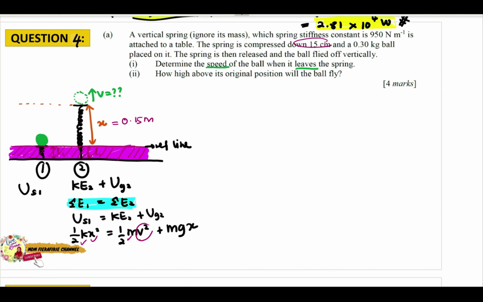V yang you nak cari lah, yang lain semua you dah ada. Okay, you masukkan semua nilai tu betul-betul. Masukkan elok-elok. So, kita akan dapat apa? Memang saya kira sekali.